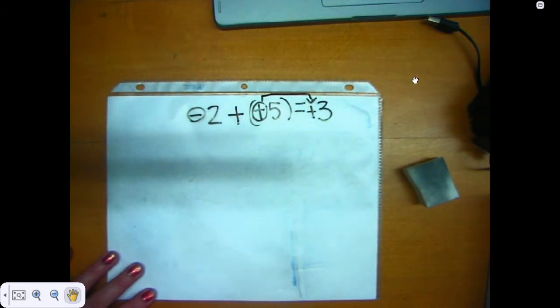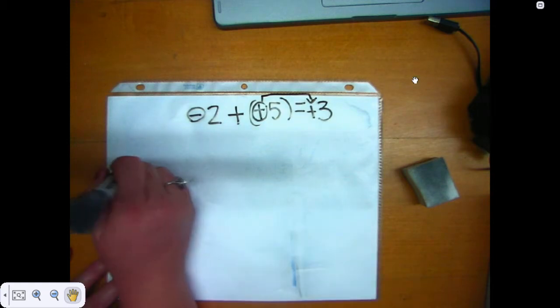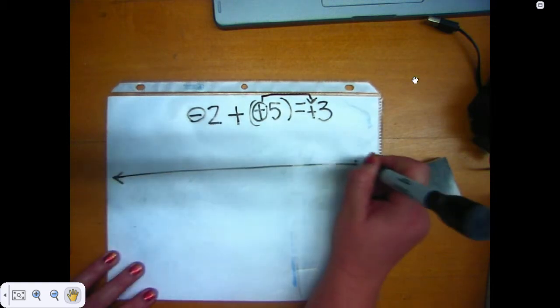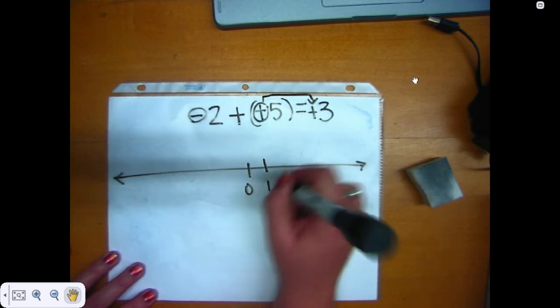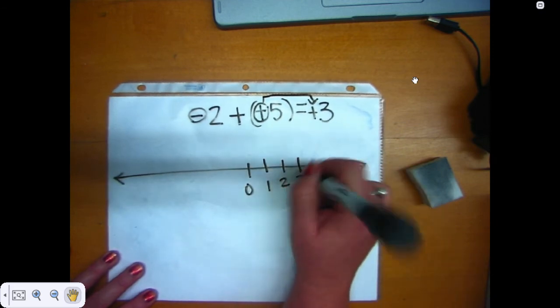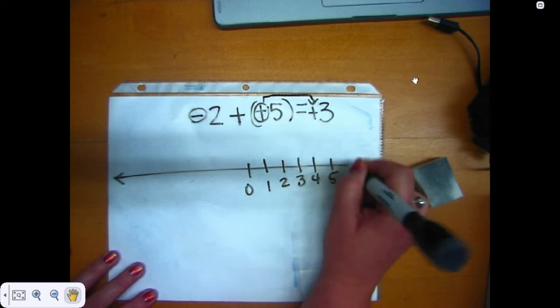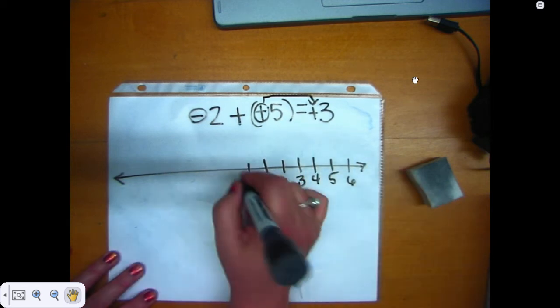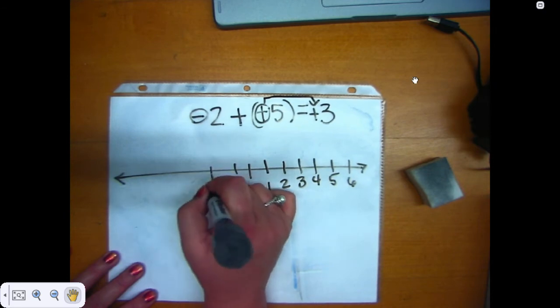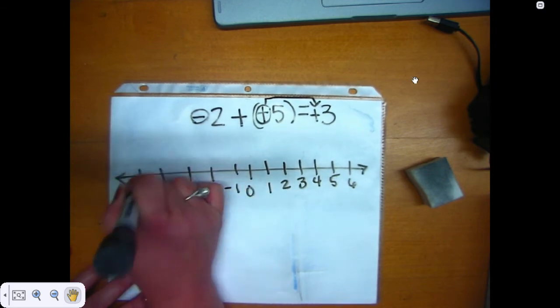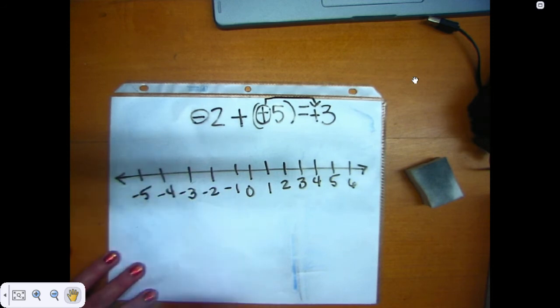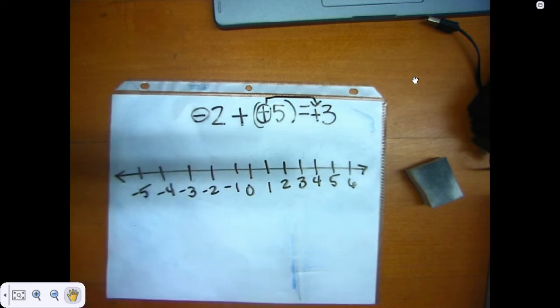Let's represent this on a number line. So we start with 0, and we put positive numbers to the right. And we're going to put negative numbers to the left. Okay, so you always start with 0 on a number line.